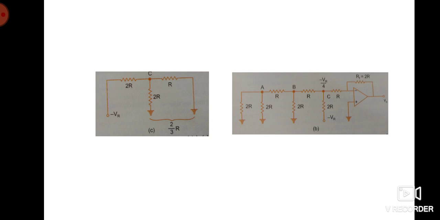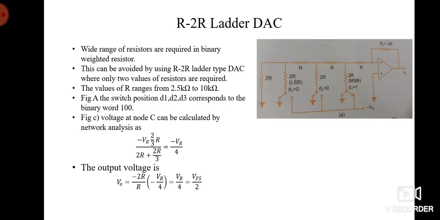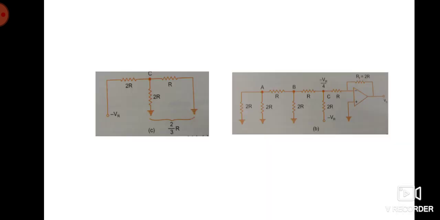After simplification we get minus VR by 4. Substituting this in the output voltage, V0 = minus 2R by R into minus VR by 4, therefore we get VR by 4.